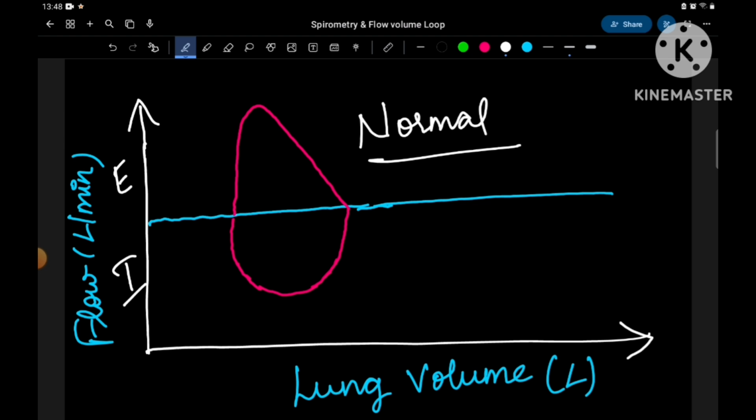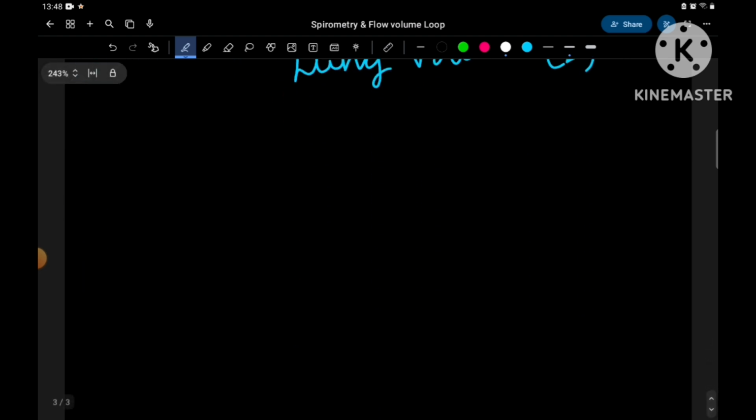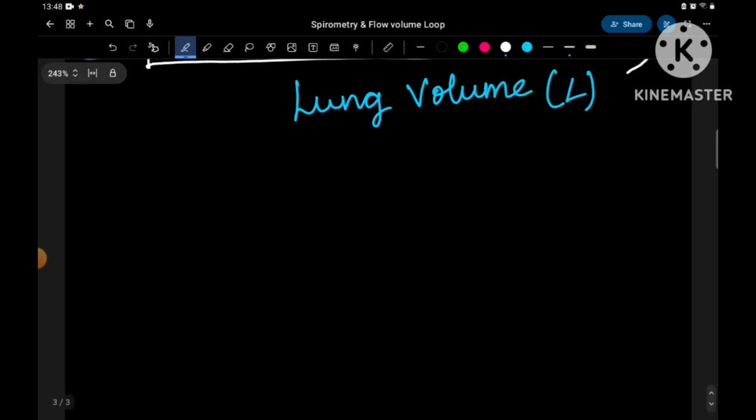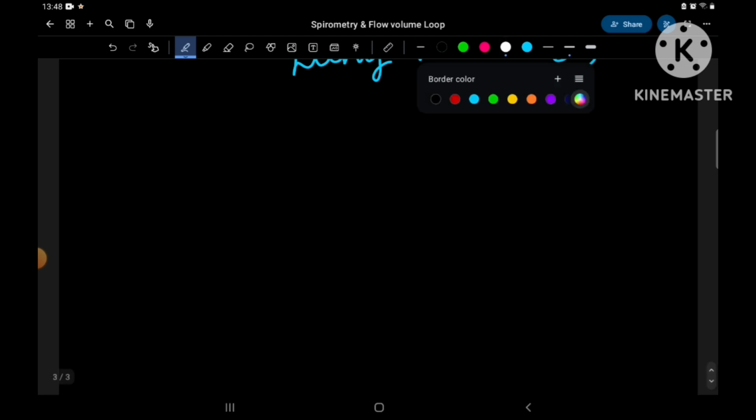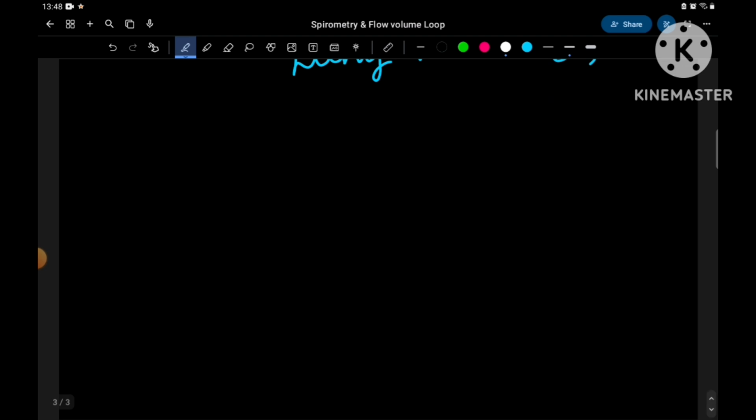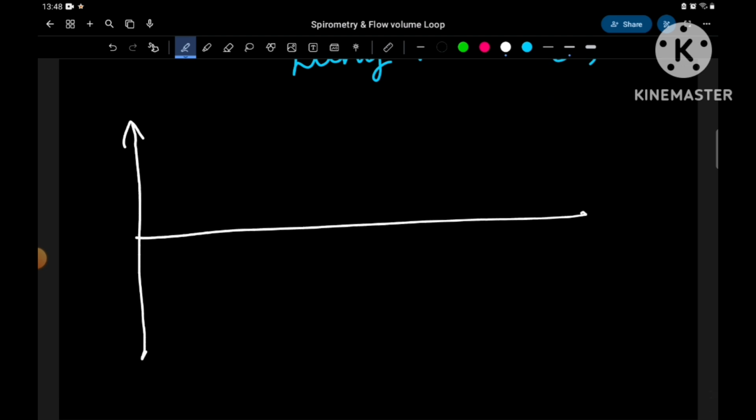Okay guys, now we are going to draw the individual, that is, significant flow volume loops, the patterns we are going to see. I am not naming the x and y axis, guys. I'm just going to draw the loops.